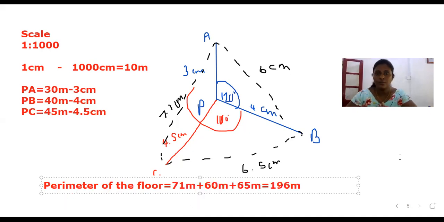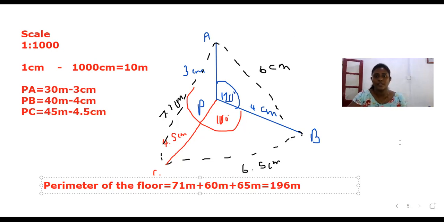This way also you can take it. If not, you can just add 7.1, 6 and 6.5. Then you are getting 19.6 centimeters. Once you convert 19.6 centimeters straight away into meters, it is 196 meters. In that way also, you can get the answer.